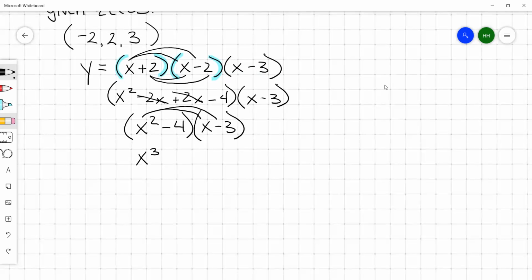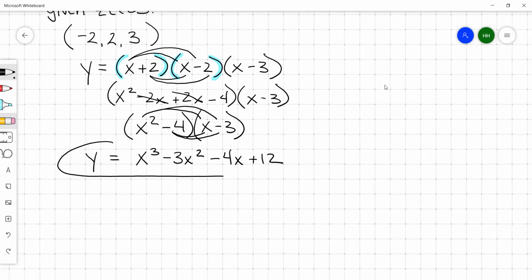X squared times -3, -3x squared. -4 times x, -4x. And the -4 times the -3, that's positive 12. So here is your function in standard form when you're given the zeros.